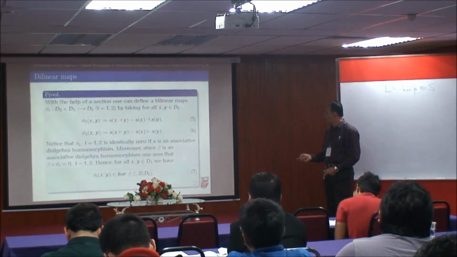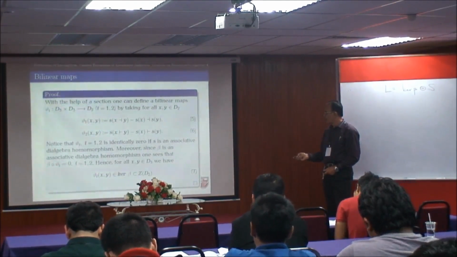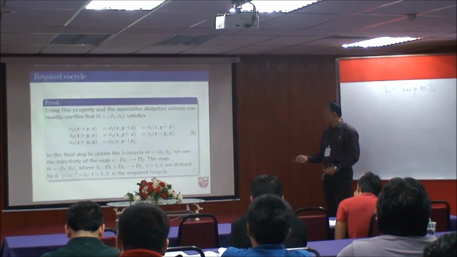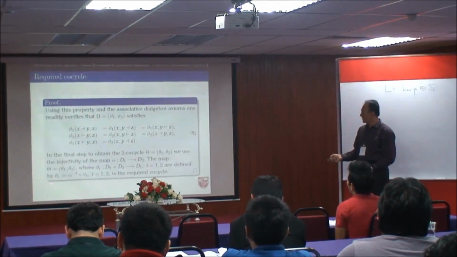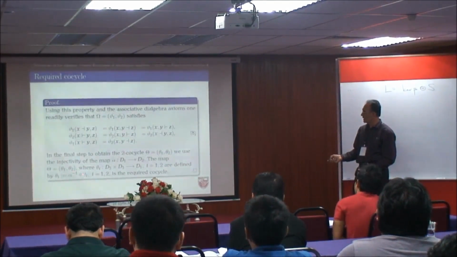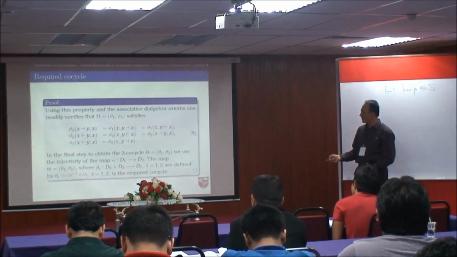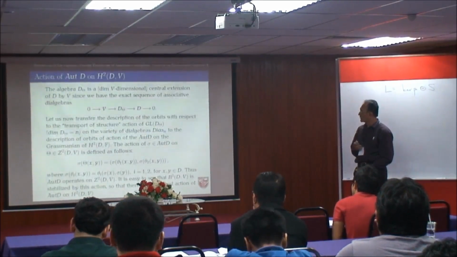And if you combine now beta and Bi, then you will get a cocycle. Because alpha is an injection and alpha is a monomorphism, you can consider alpha minus 1. So theta i is alpha minus 1 composed with Bi. It is the required cocycle.